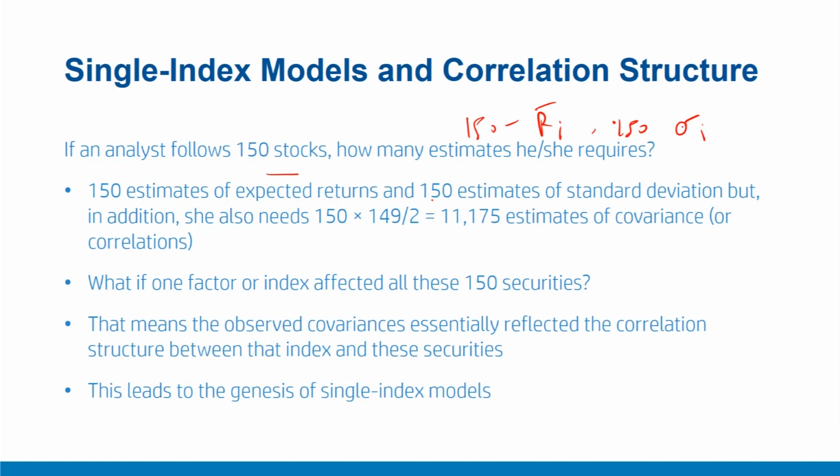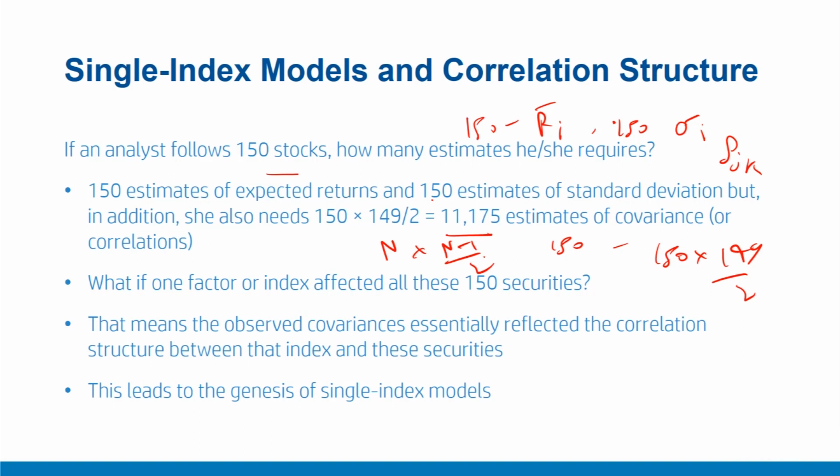But the correlation structure and correlation requirements are much more intensive, that means rho_jk's. For example, if you have n stocks, you need n times n minus 1 over 2 correlations. Here you have 150 stocks, so you need 150 times 149 over 2 correlations, which is 11,175. So we need 11,175 inputs for correlation coefficients.